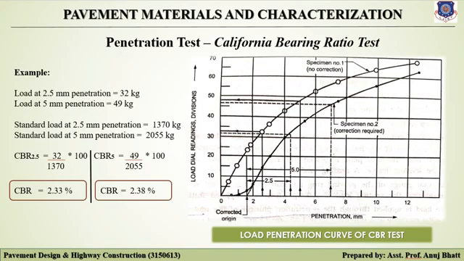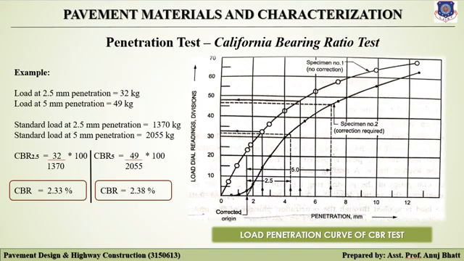Generally, the CBR value at 2.5 mm penetration is higher, and this value is adopted as the CBR value of the soil sample. However, if the higher CBR value is obtained at the 5 mm penetration, the CBR test is to be repeated to verify the result.